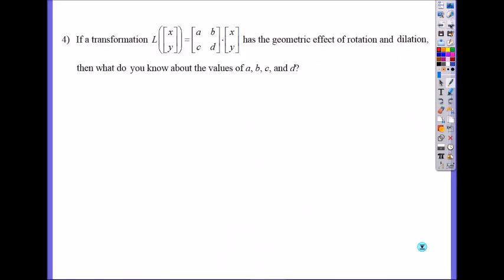So that means these two must be the same, and these two must be opposite. Okay? That's just a different way of transforming using the matrix.